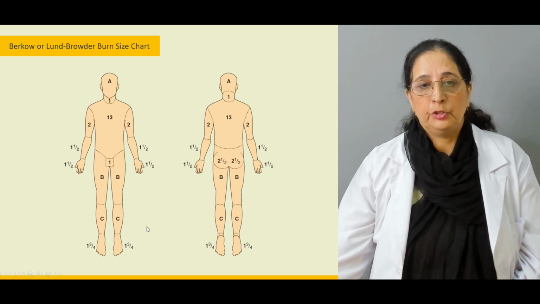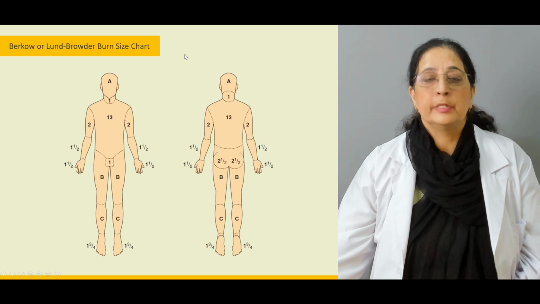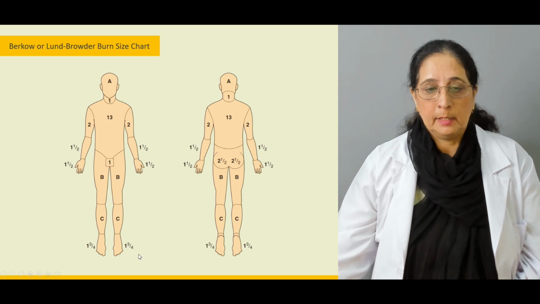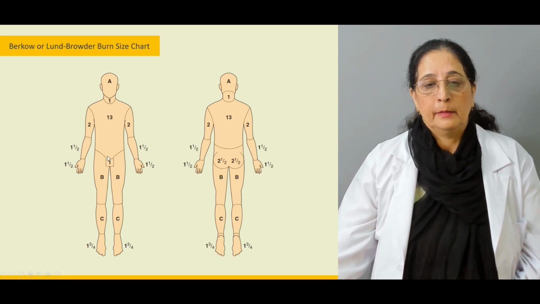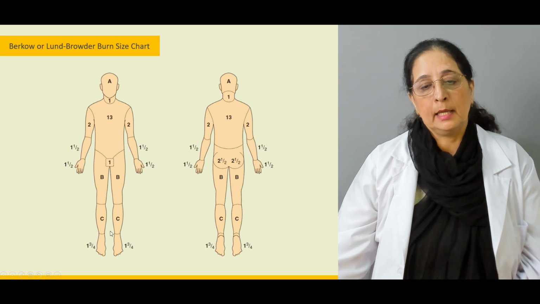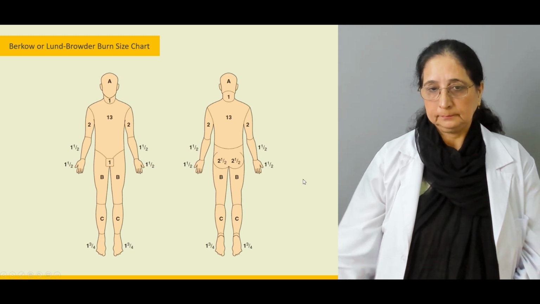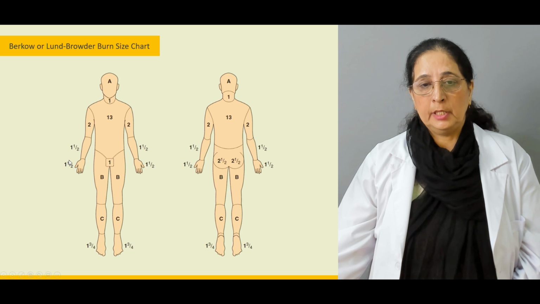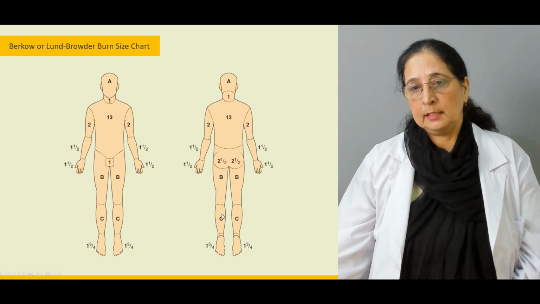That's the distribution in the Berkow burn size chart. 1, 3/4, 3/4. B is half of the upper leg, and C is half of the lower leg. That's the distribution in the front portion, and that's in the back.